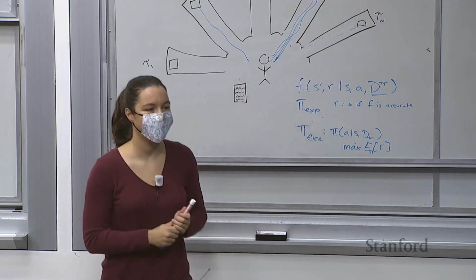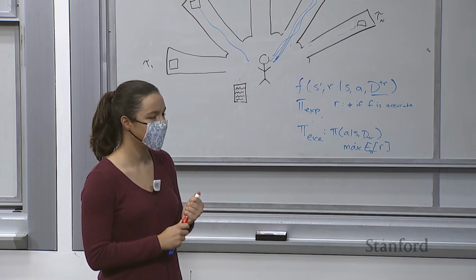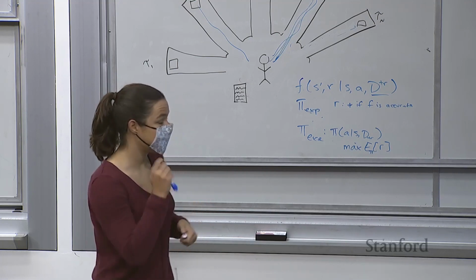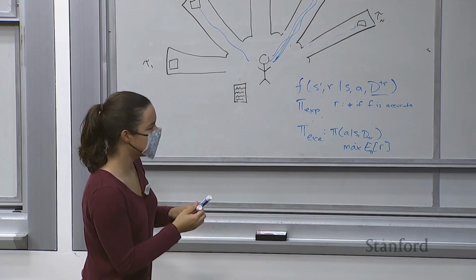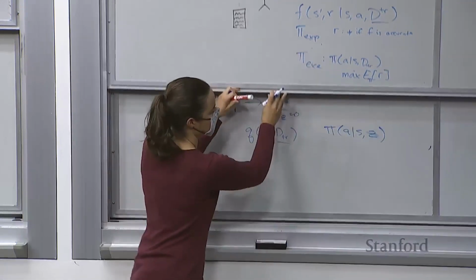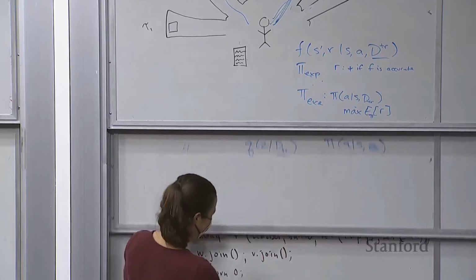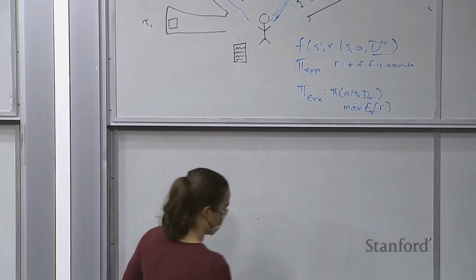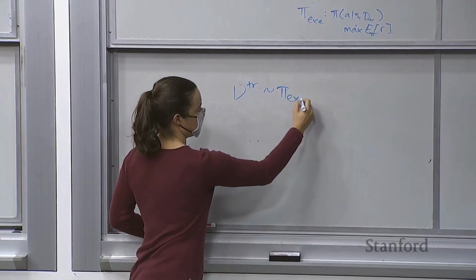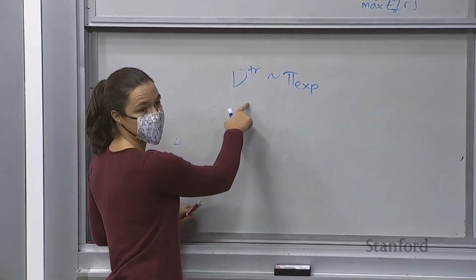Where is the state action evaluated for the exploration reward? Great question. So essentially this reward is, I'll write it out right here. You're going to sample your training data from your exploration policy, and then the reward is going to be evaluated on this training data.